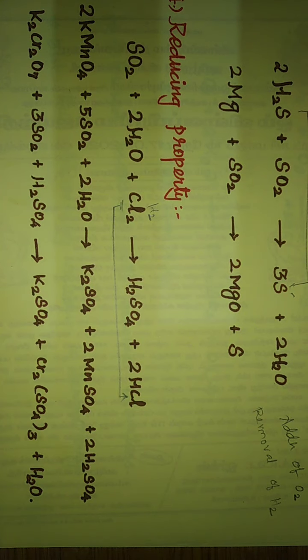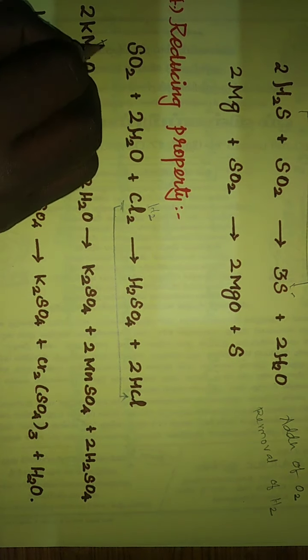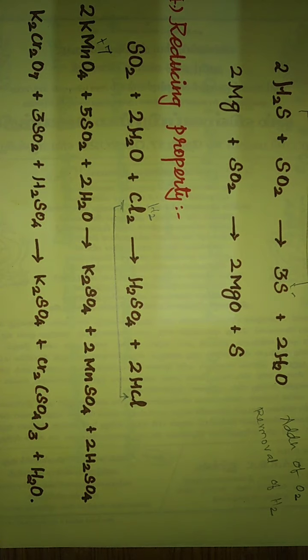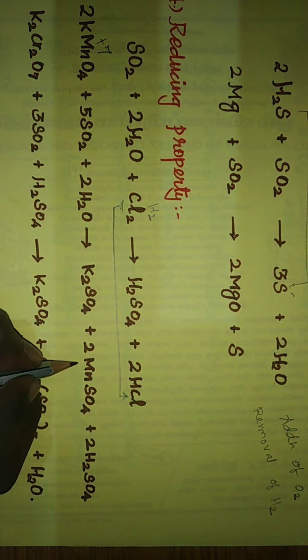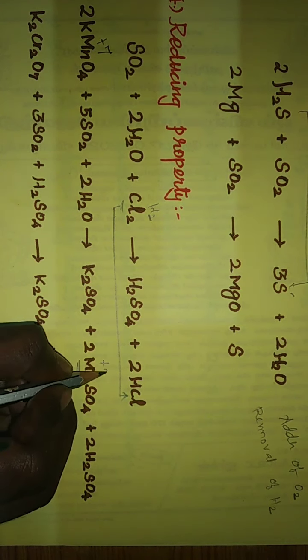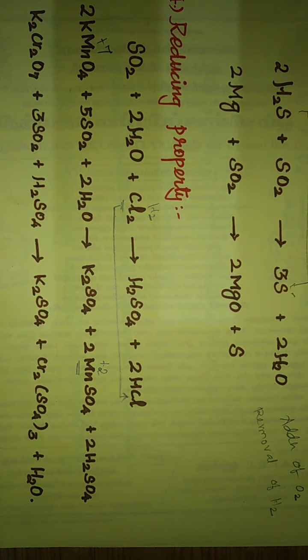Yes, it is +7. In the reactant side, the charge of manganese will be +7. Then in the product side, the manganese will be in the +2 oxidation state, and you know how to calculate the oxidation states. If you have any doubt, refer to your 11th standard chemistry concepts.